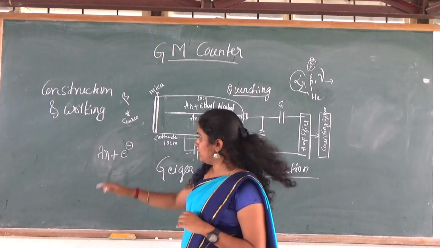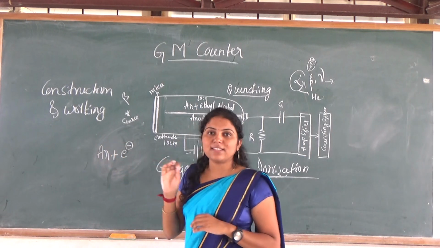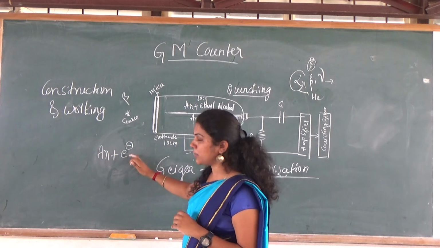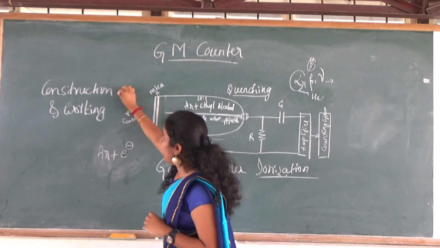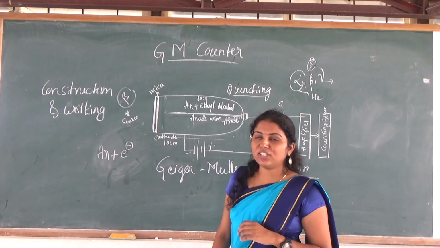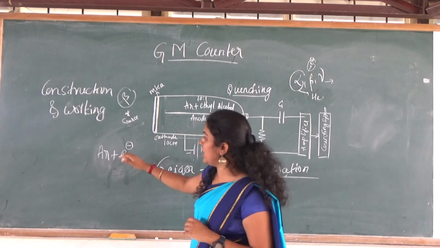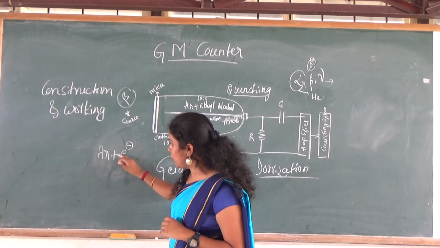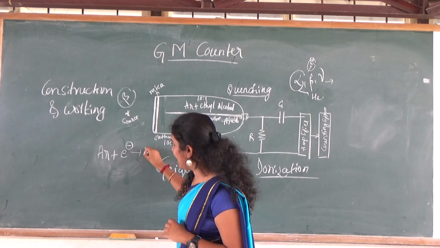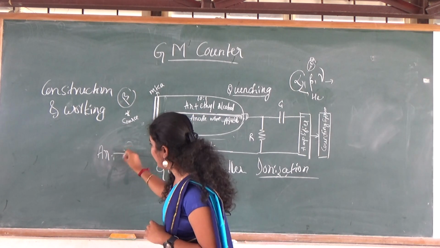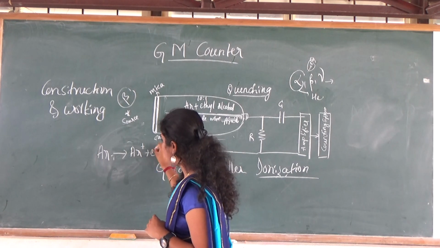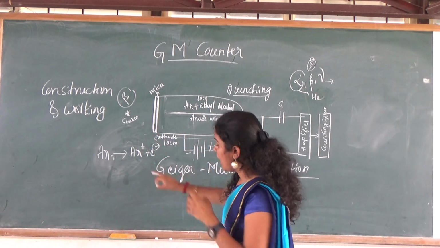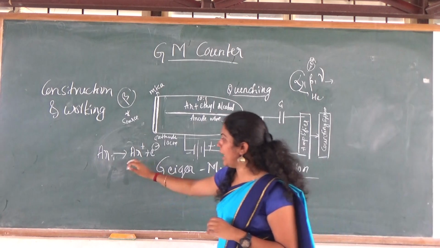You may get the doubt that argon is an inert gas. How can we remove the electron easily? It is not easy. It is the nuclear radiation, with higher energy, that will remove the outermost electron. So the argon will ionize, and there is a formation of argon plus electron, an ion pair.